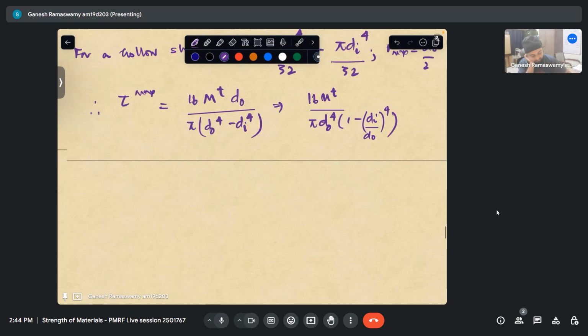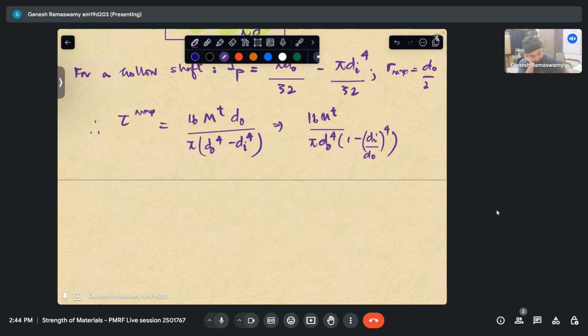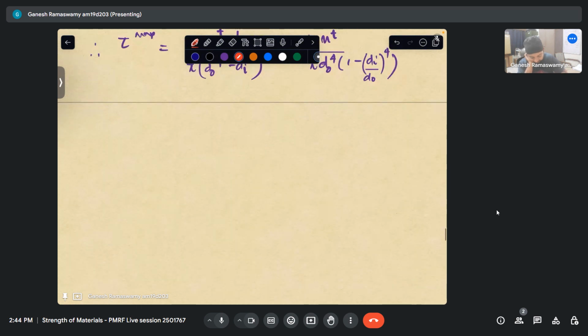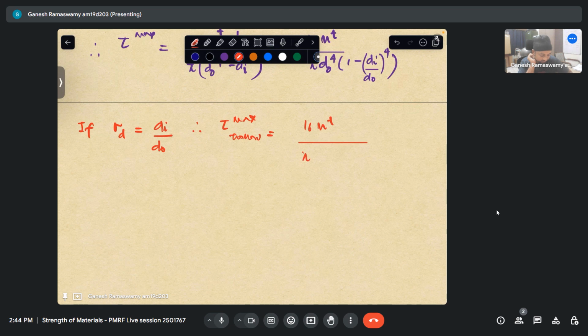So if I redefine this ratio Rd as d inner by d outer, then tau max for a hollow section is given by 16 Mt by pi d outer power 3 into 1 minus Rd power 4.